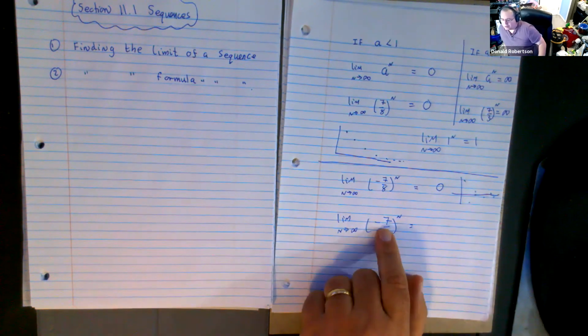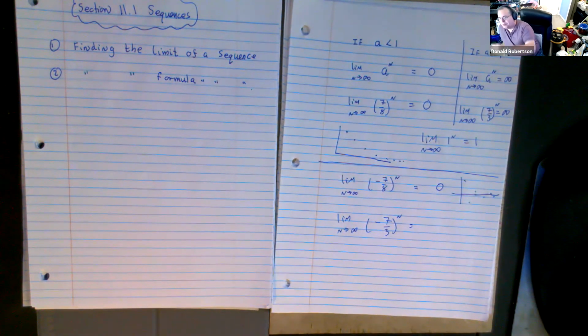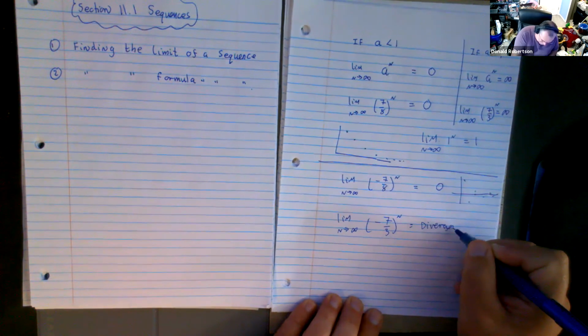Would you agree this one is even weirder? Because I can't really write infinity here. Because won't it also bounce between plus and minus infinity? It will get bigger and bigger, but the next big thing will be negative, and the next will be even more positive and big, and even more negative than the last one was, but bigger. So divergent is a much better term than using infinity.